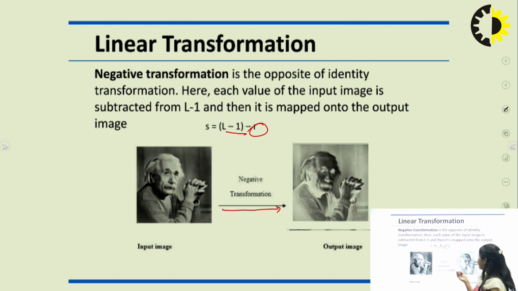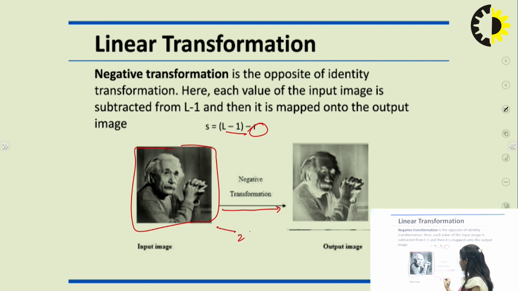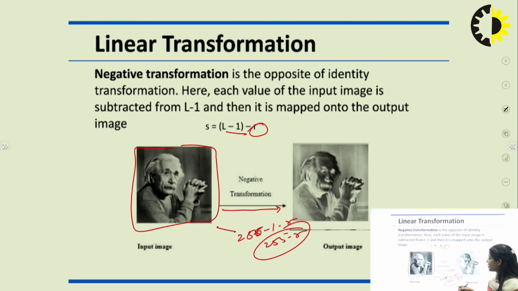If this is the input image and we take the highest intensity like 255, total 256 gray levels are there. So 256 minus 1 minus R means 255 minus R. So this is the formula for negative transformation. It means when we subtract the original value from 255, we get the new value.